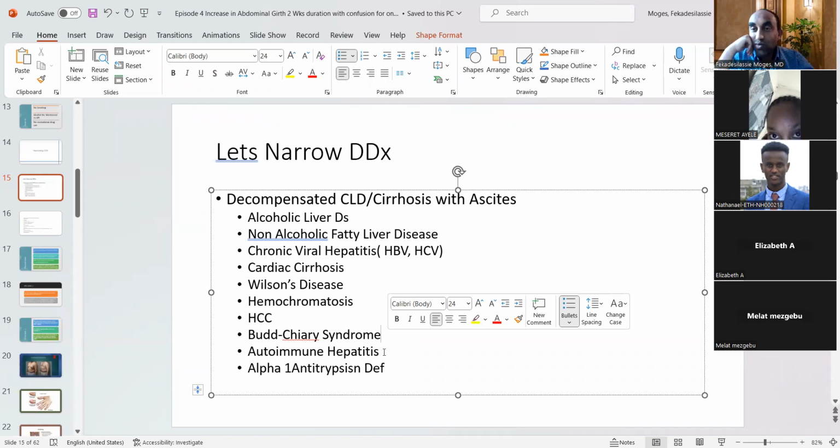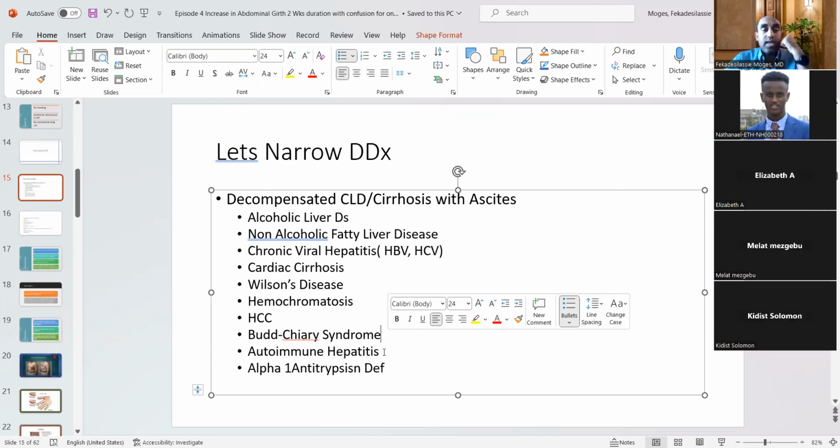But Budd-Chiari could be the reason why this patient further decompensates, because patients with CLD with hepatic failure have a tendency to form a clot. This patient might develop hepatic vein thrombosis for many reasons. So let's keep it and we can exclude it once we do imaging, okay?